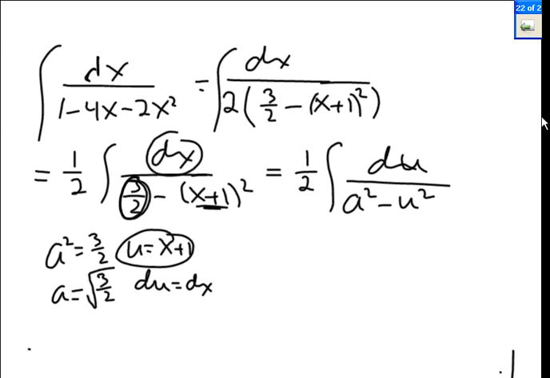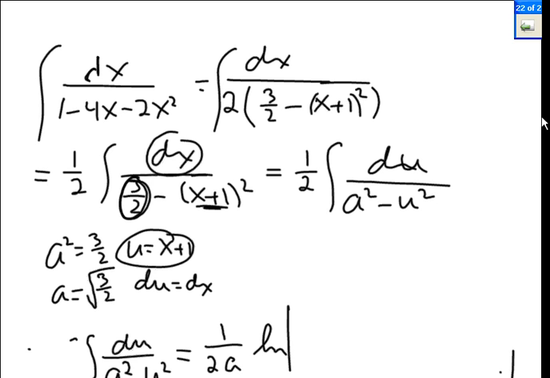Whenever you have the integral of du over a squared minus u squared, you always get 1 over 2 times a times the ln of the absolute value of a plus u divided by a minus u plus c.